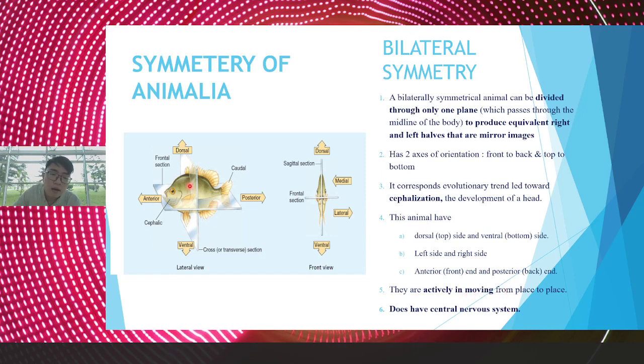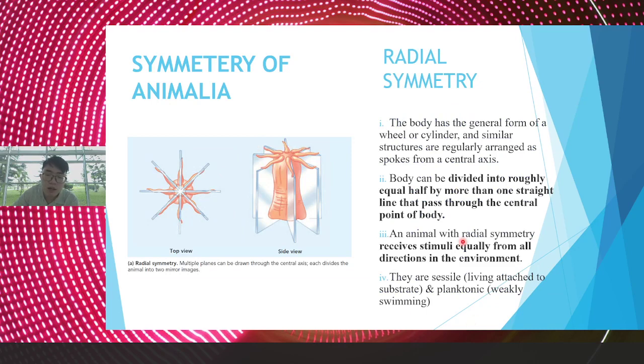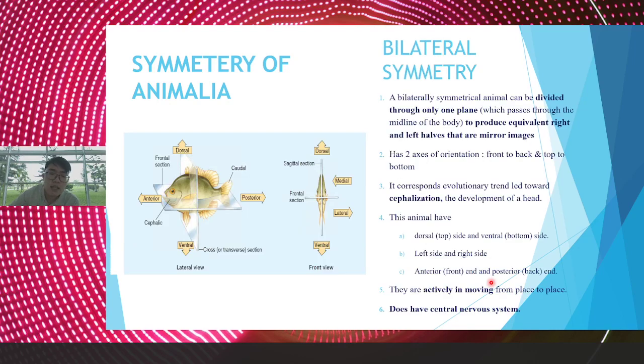They can move anywhere, not like this one, which normally cannot move. They are sessile. Even if they can move, they only move in very slow motion. But this kind of animal can easily move where they want.